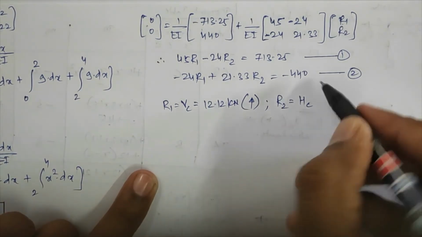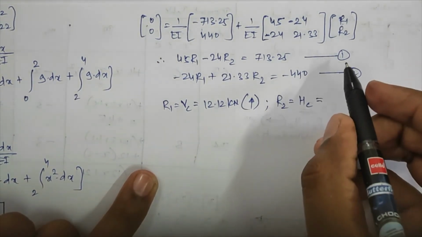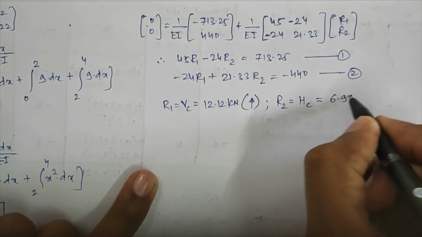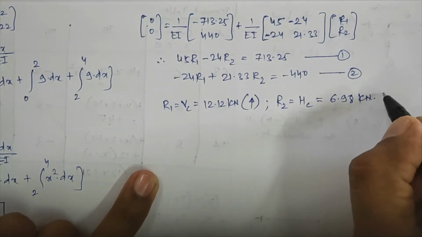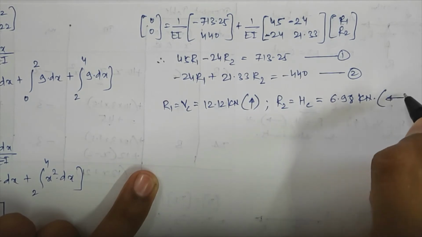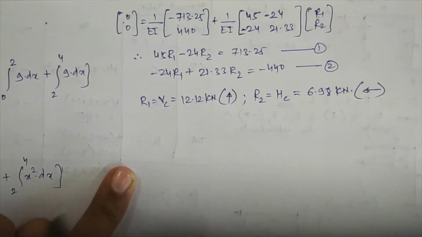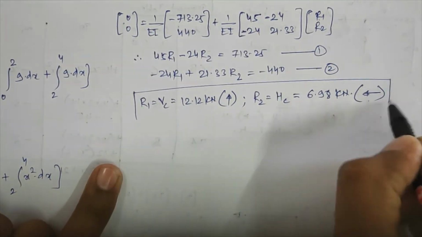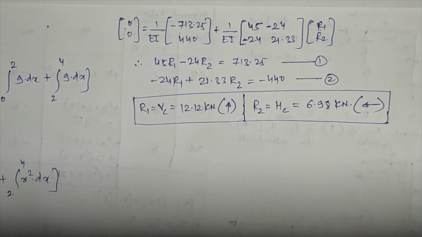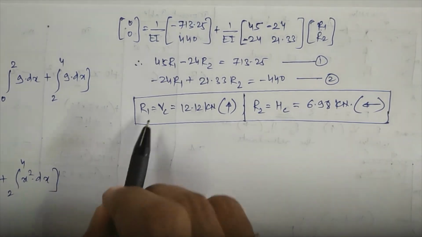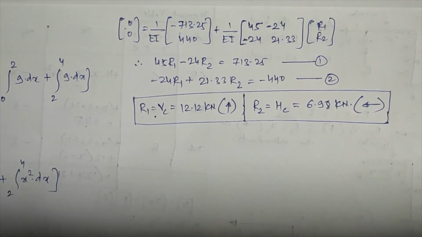And R2, that is HC, I am getting as minus 6.98 kilonewton. Minus indicates the assumed direction is wrong. Instead of rightward, this will act towards the left. So these will be my two basic unknowns which were redundant, R1 equal to VC and R2 equal to HC.